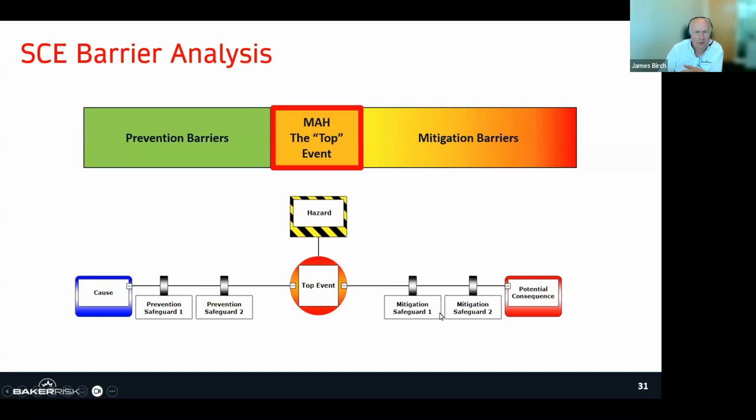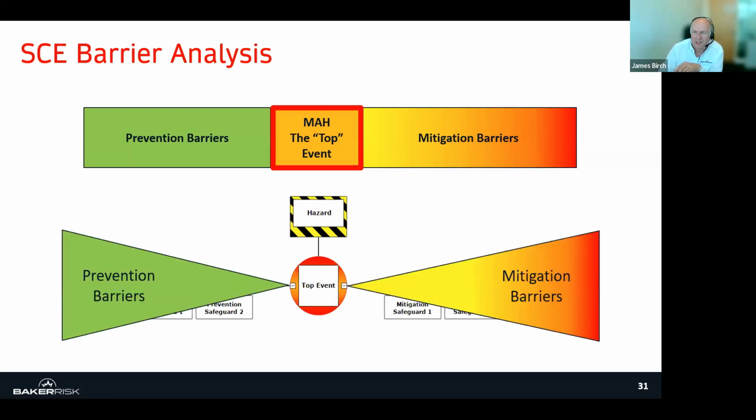Those we show on the right-hand side, leading to, in red, the consequence, which perhaps in our case is going to be a fire. So as we build these barriers up, we start to see this pattern appearing, which I think probably gives you a hint why they've acquired the name a bow tie diagram. They look like a bow tie.